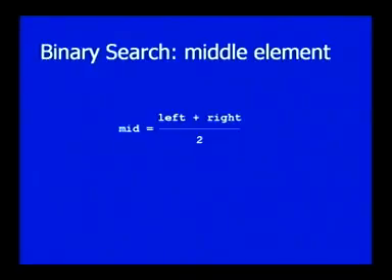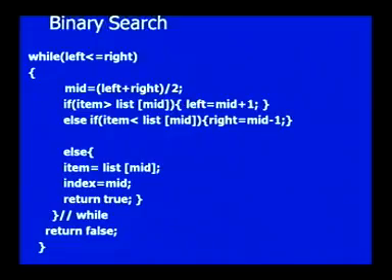The algorithm should be generic, you can have your own style, but whatever assumptions you make should be consistent. So, left plus right divided by 2, and depending on the situation you can go for floor or round off, and that will give you the middle position.